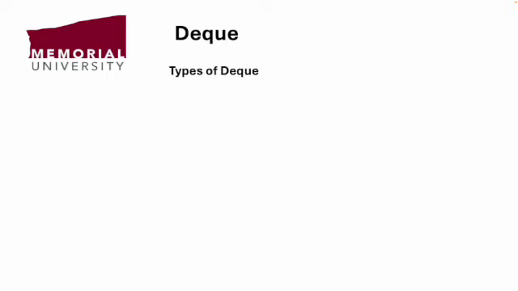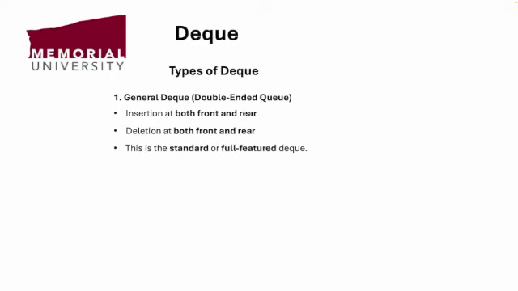Types of Deque. First, the general Deque is a double-ended queue. You can do insertion at both front and rear, and deletion at both front and rear. This is the standard feature of the Deque.